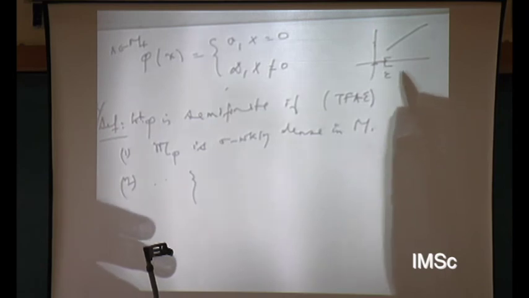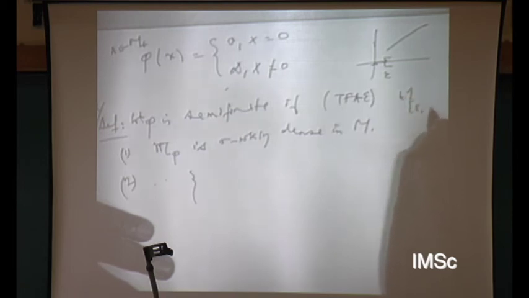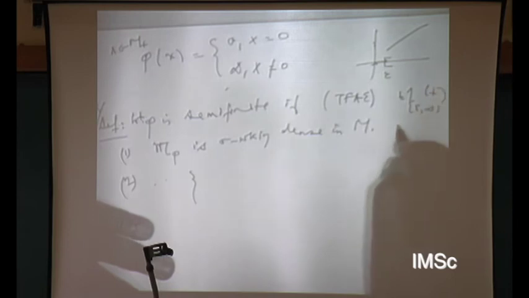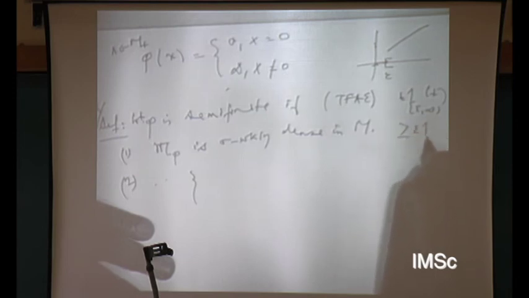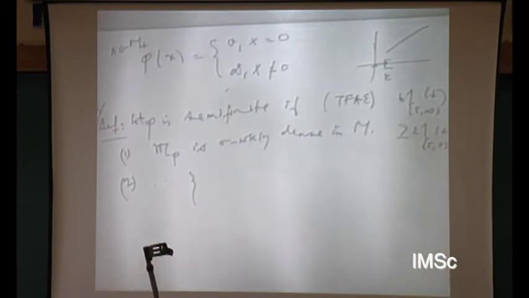Then we've used the fact that t times the indicator of epsilon to infinity of t is greater than or equal to epsilon times the indicator of epsilon to infinity. I'm just stating a triviality. On epsilon to infinity, t is bigger than epsilon.